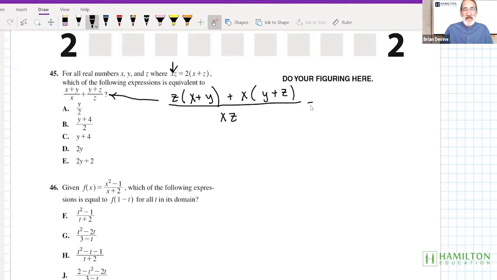So if I clean that up, I'm going to get xz plus yz plus xy plus xz all over xz.